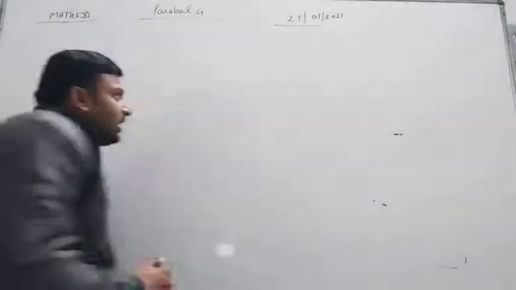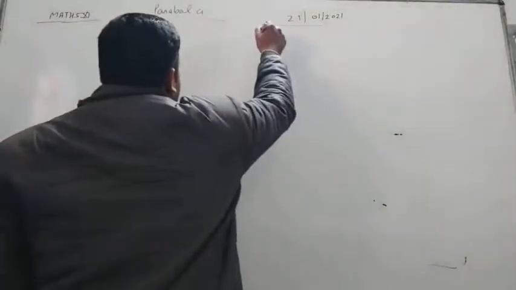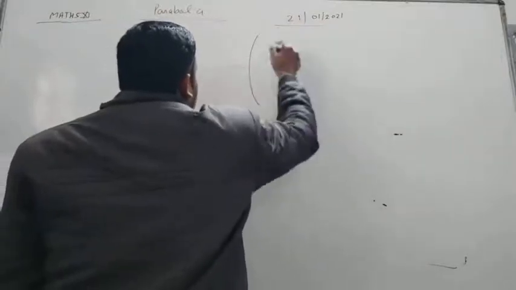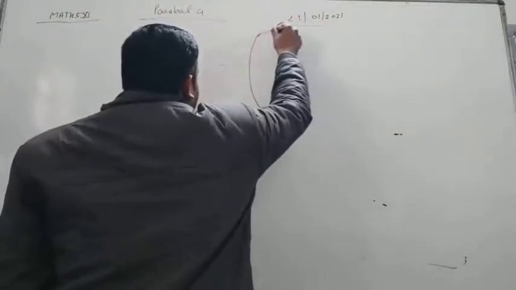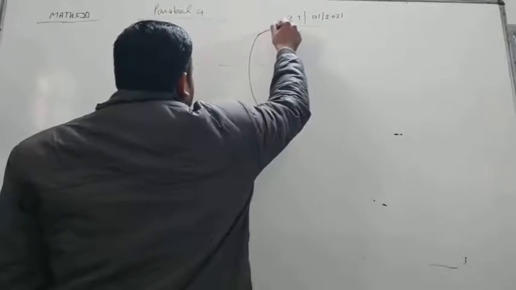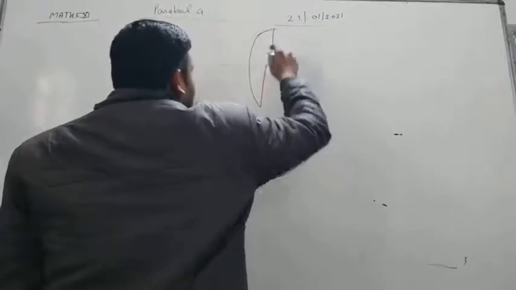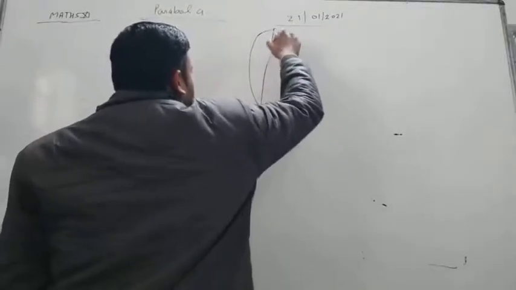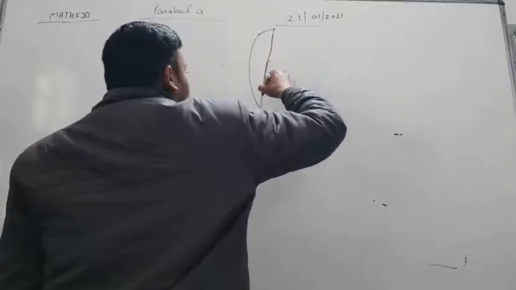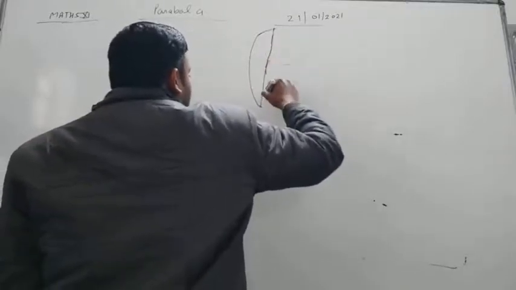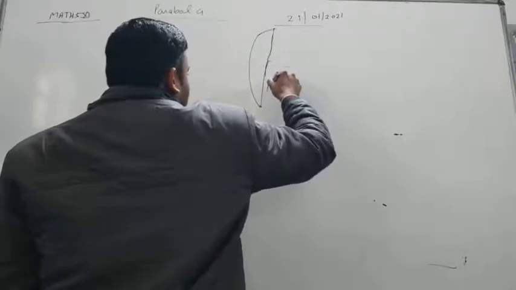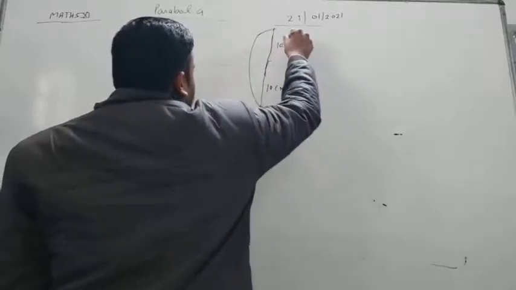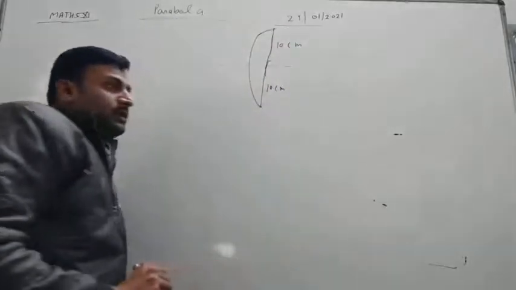A parabolic reflector is 20 cm in diameter. Okay, student, so a parabolic reflector is like this, and its diameter is 20. So this will be 10 centimeter and this will be 10 centimeter.